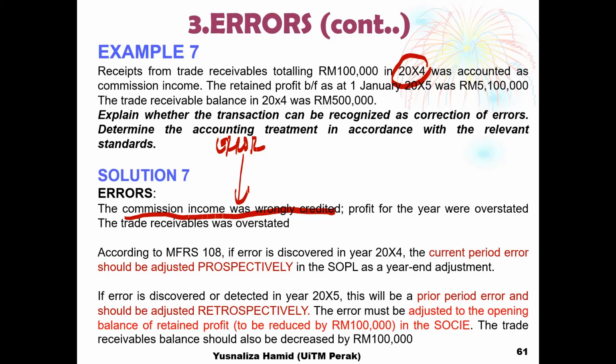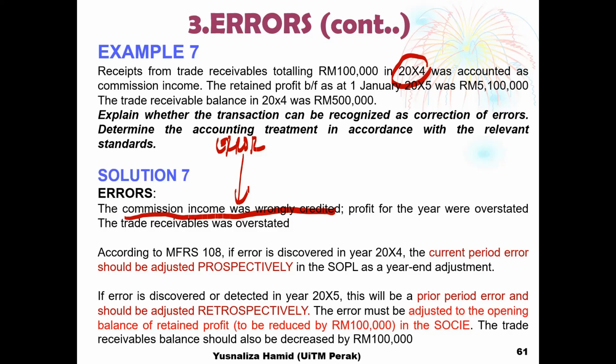The retained profit brought forward as at 1st January 20x5 was 5.1 million, and you are also given the information that the trade receivable balance in 20x4 was 500,000.